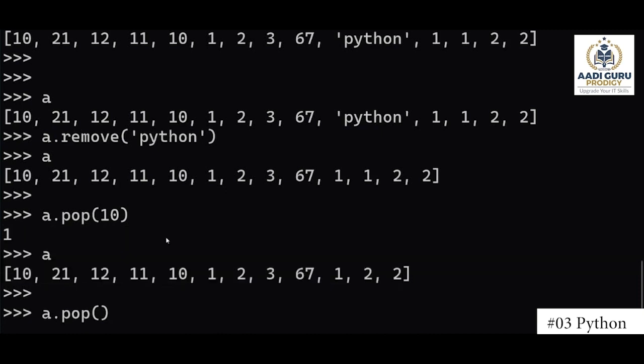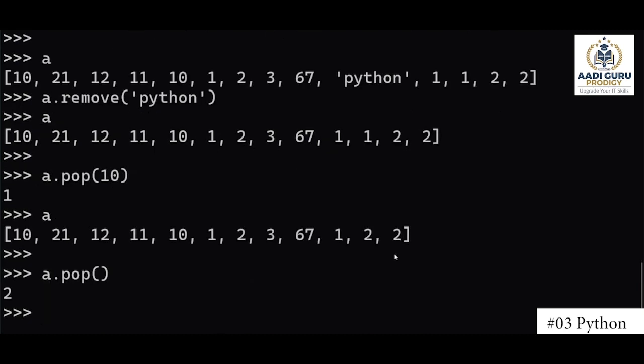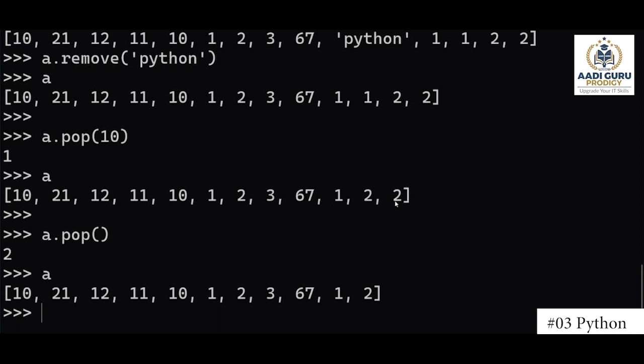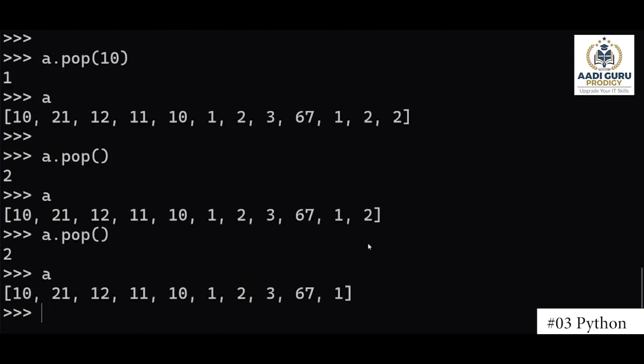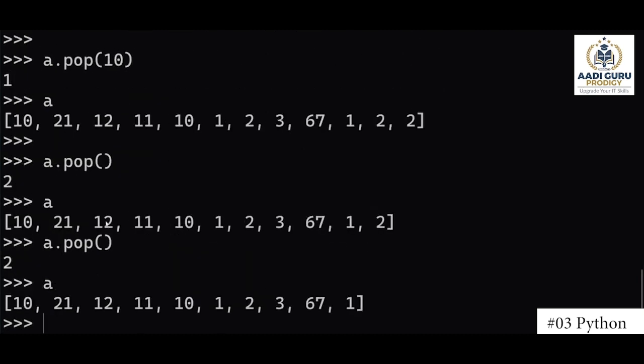If you see here, 2 got removed. The last 2 got removed because you mentioned pop but did not mention the index number. Again, if you mention pop, again the last number will be removed. So if you are not giving the index number to the pop operation, then it will remove the last item of the list.